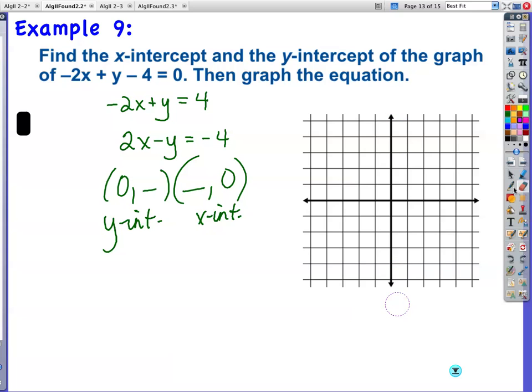Okay? Now, with that said, normally I'd use my hand, but I can't really show the hand thing, so this is going to be my pretend hand or my pretend finger. If I want to know where my x value is 0, then I'm going to put 0 in for x. Well, what is 0 times 2? 0.